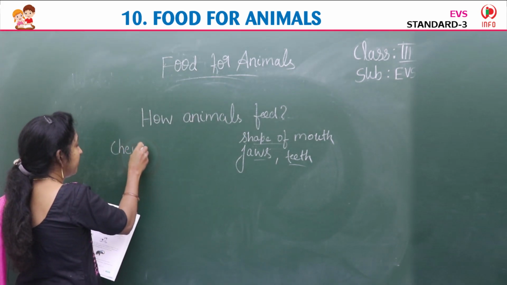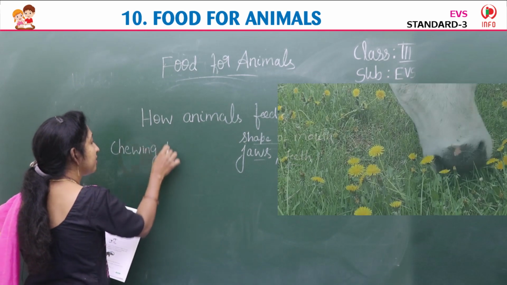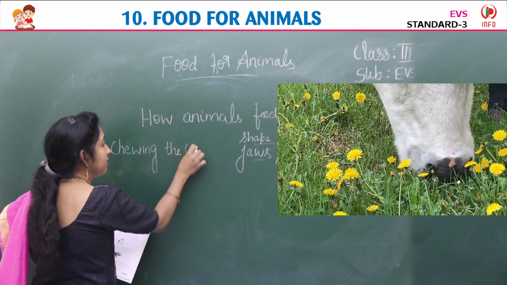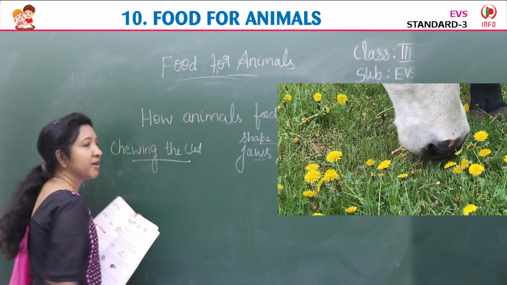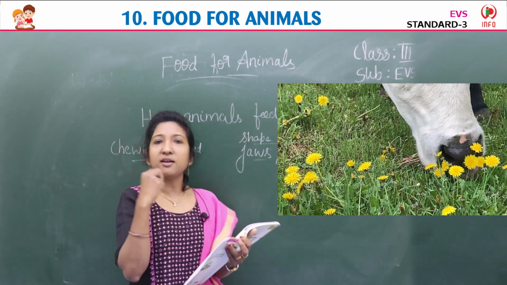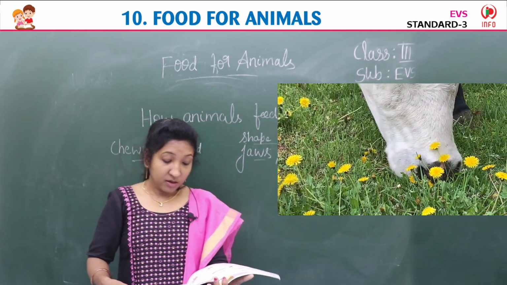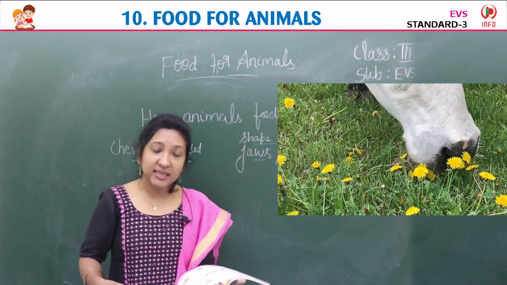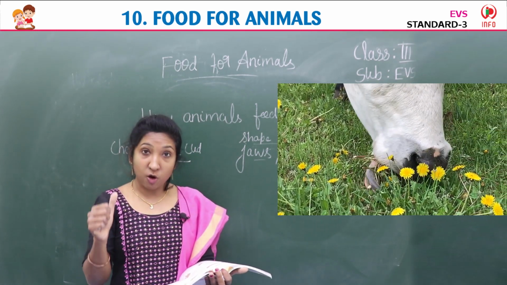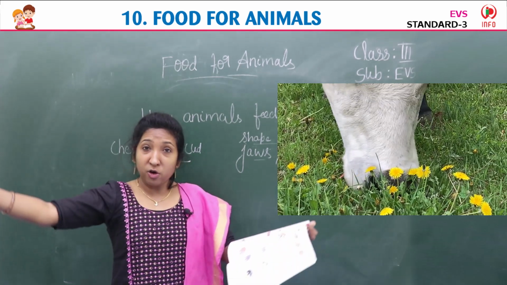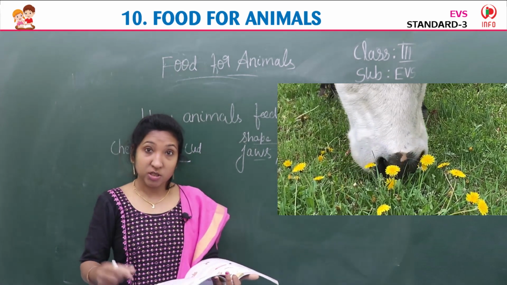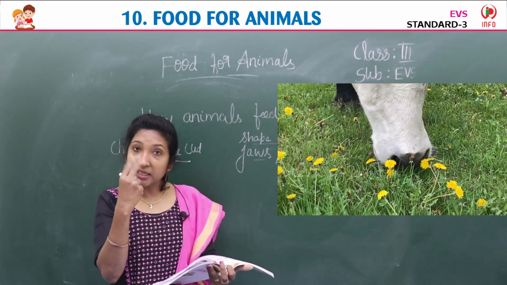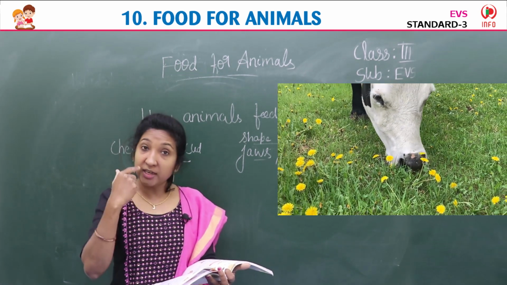chewing the cud, we say. What is this chewing the cud? Let's see. The herbivores, or grass-eating animals, have strong, broad, means wide, sharp, biting teeth in front.